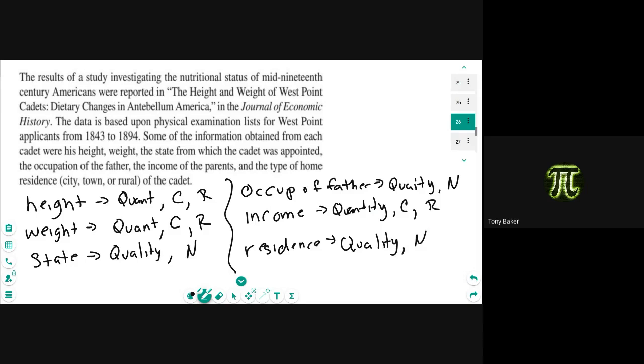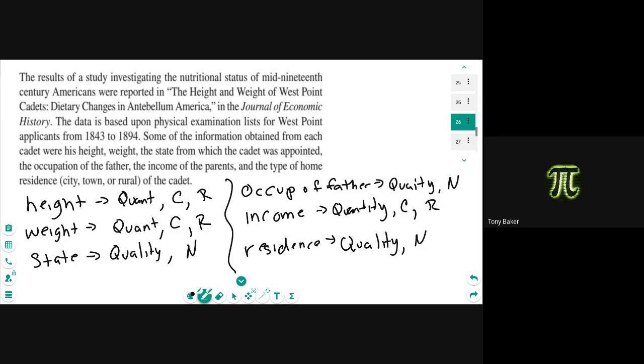What was the issue with the survey or the report? They're studying the nutritional status of all Americans, but they're only focusing on one group. You're the first one who's actually said that one. Yes.